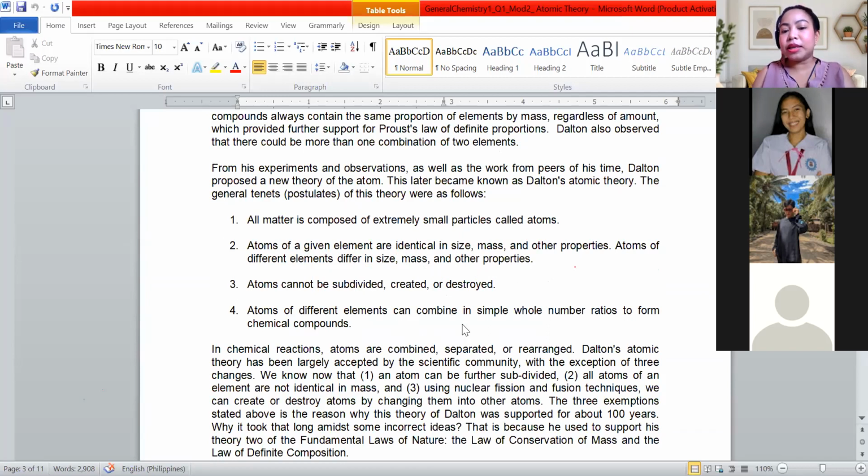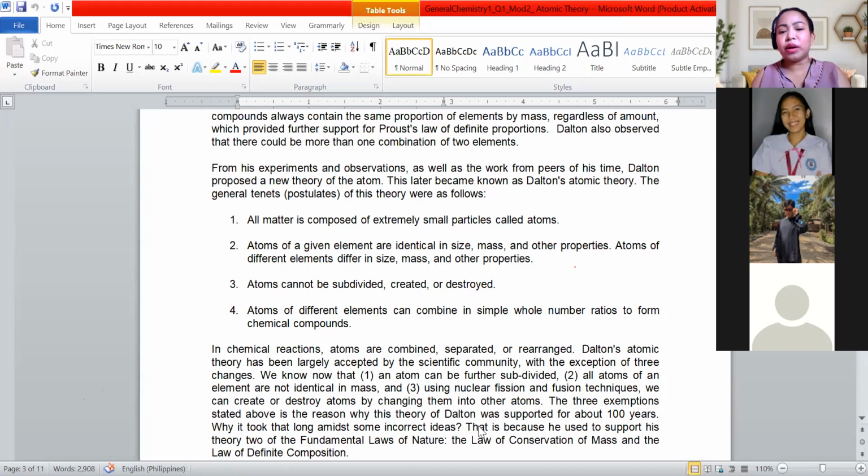Atoms of different elements can combine in simple whole number ratio to form chemical compounds. Still true. What is no longer true among his 4 postulates is that atoms cannot be subdivided, created, or destroyed. Because an atom can be divided, can be created, and can be destroyed.